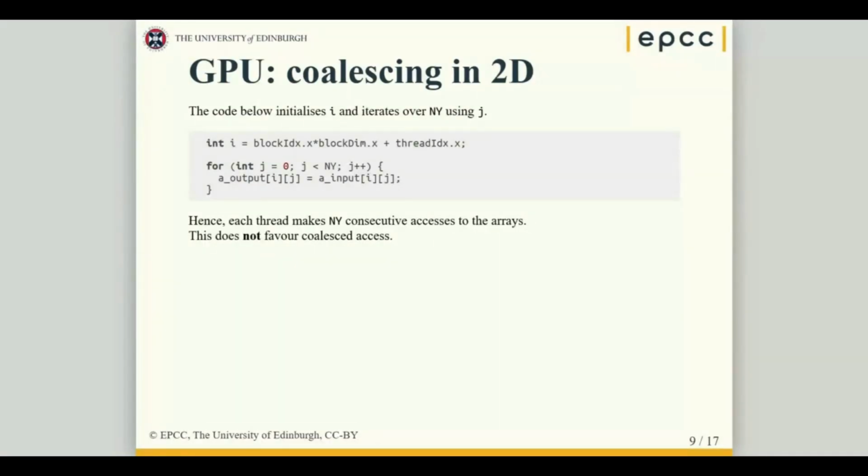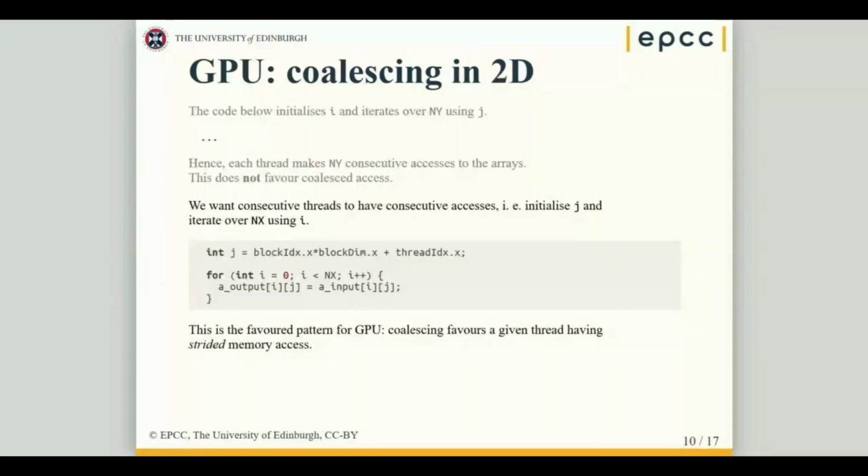What is a bit tricky to understand here is that when we parallelize, because we have the indices i and j, if we access different positions of j, this will not be coalesced.